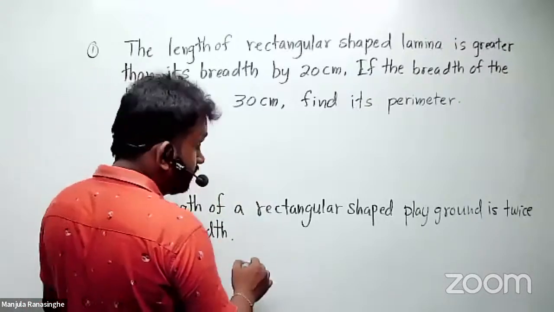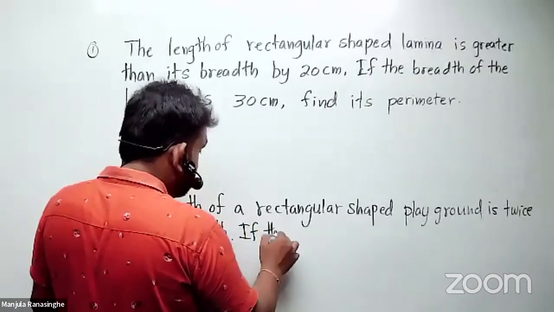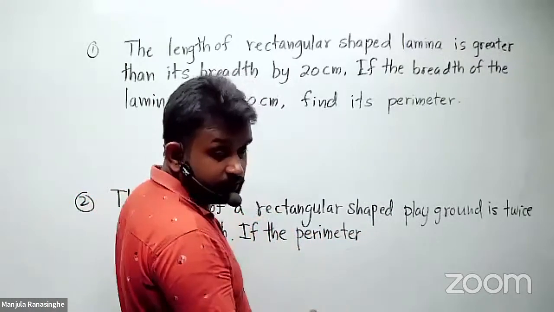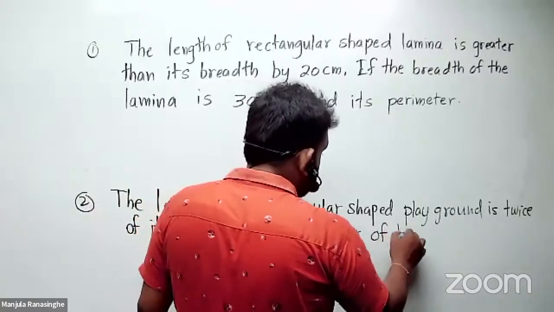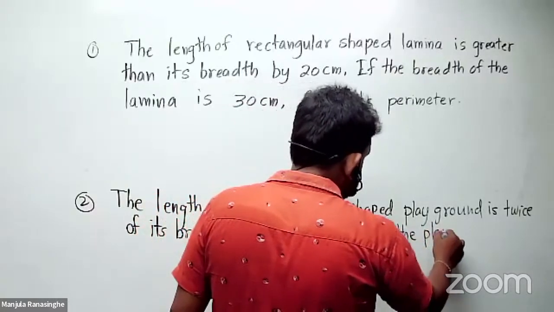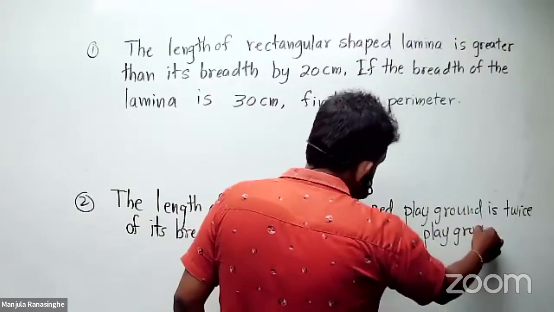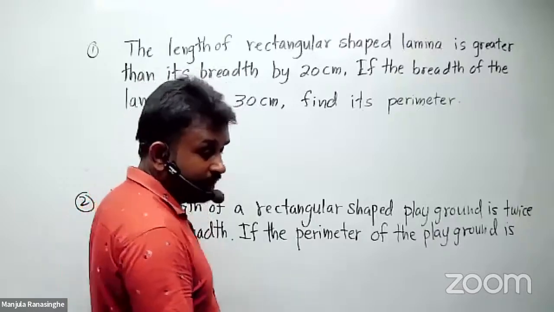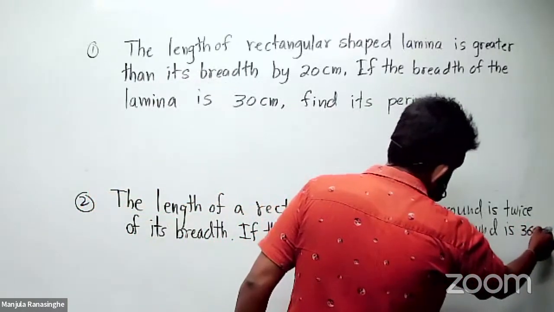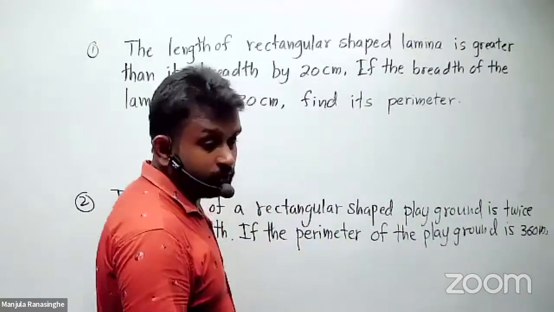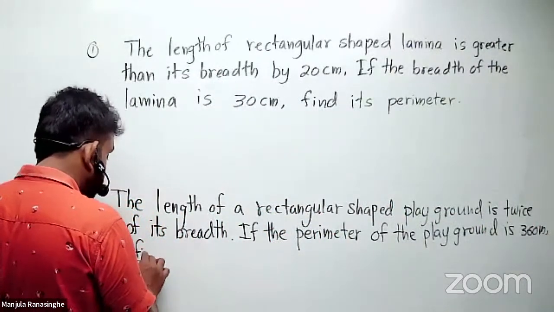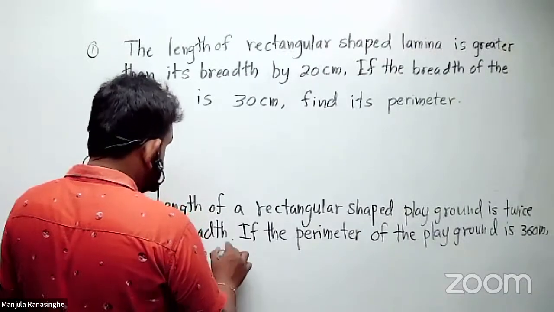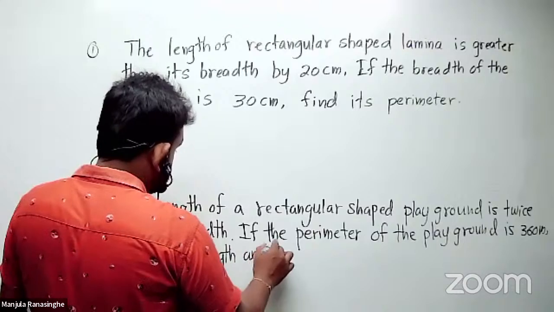If the perimeter of the playground is 360 meters, find its length and breadth. Find its length and breadth.